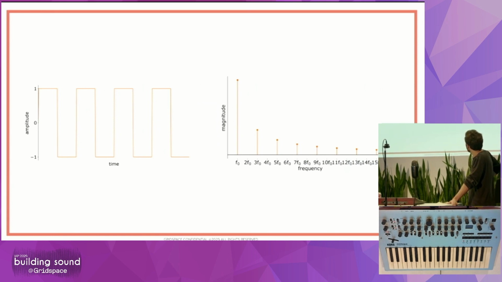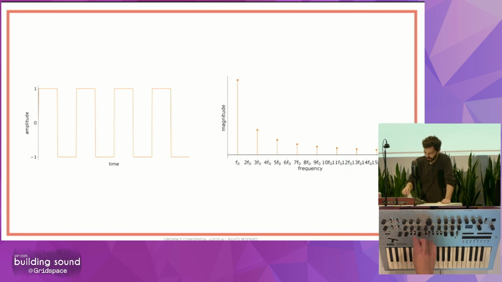So instead of having no energy at the even multiples of the fundamental, it'll have a small amount of energy, and that increases as you decrease the percentage of the width of that square wave. So I'll show you what that sounds like.